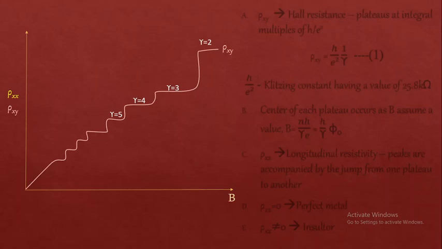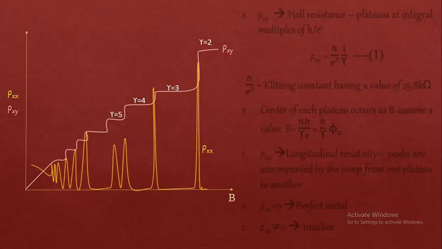So if you plot the transverse resistivity, it shows plateau-type or step-like structures, which we have represented with the light pink curve. Whereas if you consider rho xx, the longitudinal resistivity, we can observe peaks. So what are these peaks going to represent, let us see.